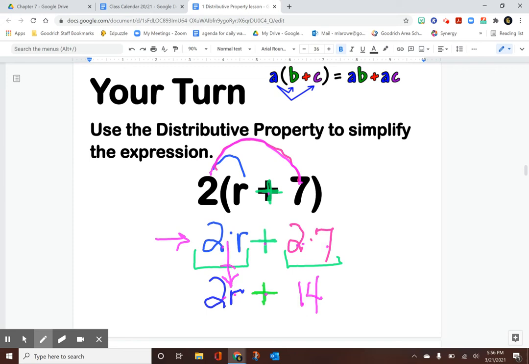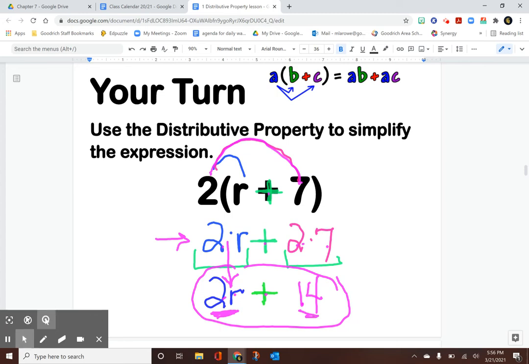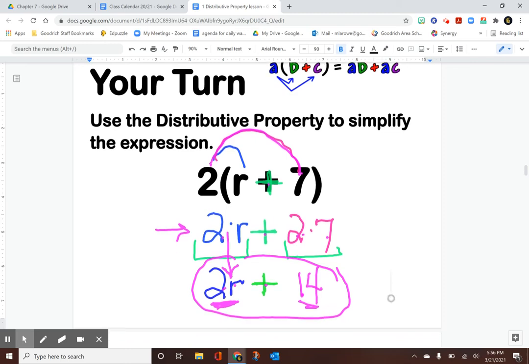So we end up with a simpler expression, 2r plus 14, or 2 times r plus 14. Remember, we can't add a variable term like 2r with a constant like 14. That's impossible. One of them has an unknown and one of them is fully known.